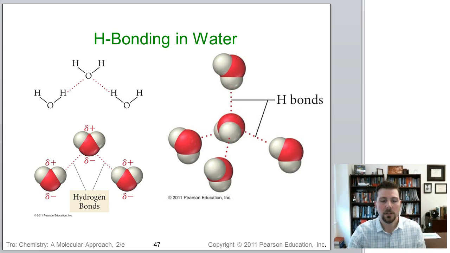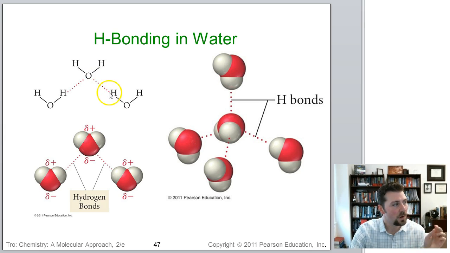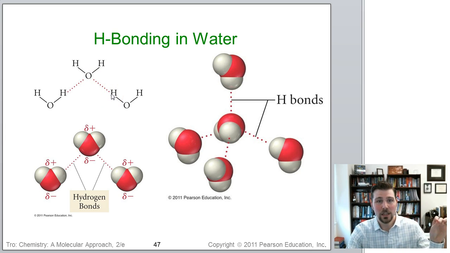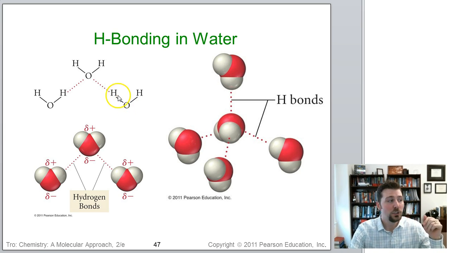And look, we have a hydrogen and it's attached to an oxygen. So we have two of those actually. And that means we're going to draw the hydrogen bond from that hydrogen attached to the oxygen as a dotted line across to the negative part of another of the same type of molecules, which happens to be the oxygen part. So this is how we draw a hydrogen bond, a dotted line from the hydrogen that can exhibit hydrogen bonding, from the hydrogen attached to the NOF, to the NOF on the other molecule, or in this case, we're talking about oxygen, right?